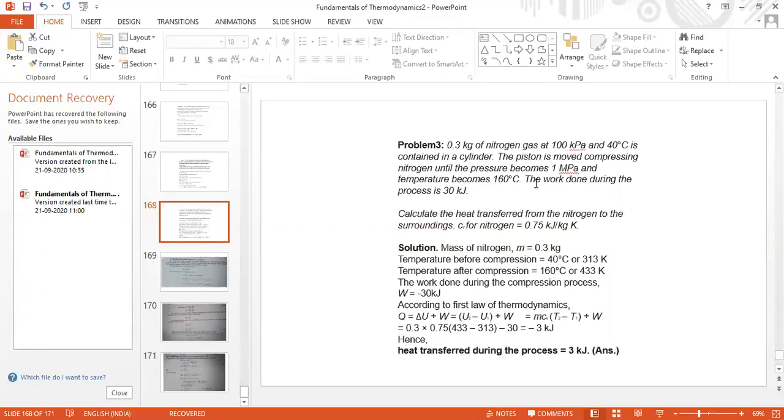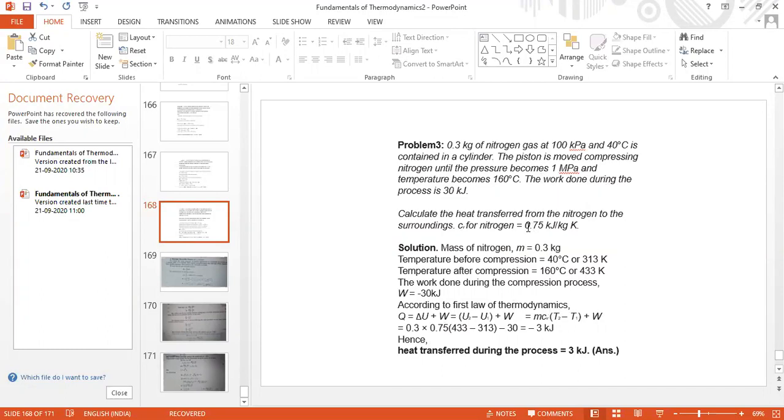All this is given. The work done during the process is given. You don't worry about the story, just write down straight away this equation. Because temperature is given, delta U equals m Cv (T2 minus T1) plus W. Work done during the process is given, and T2 and T1 are there, and Cv is also given.